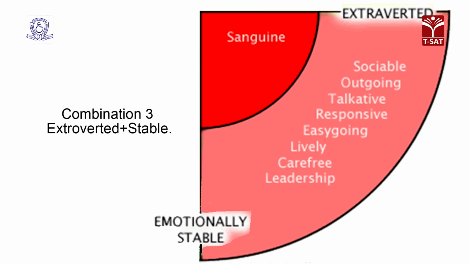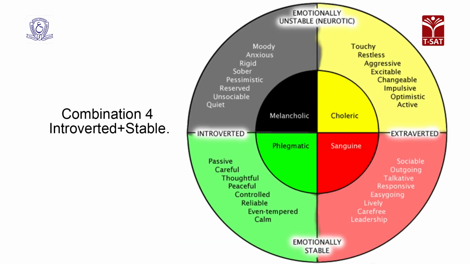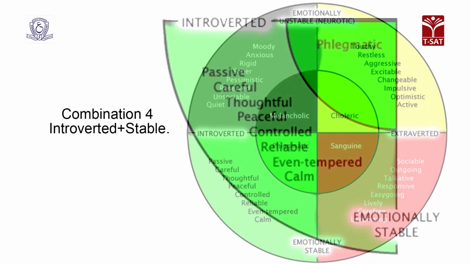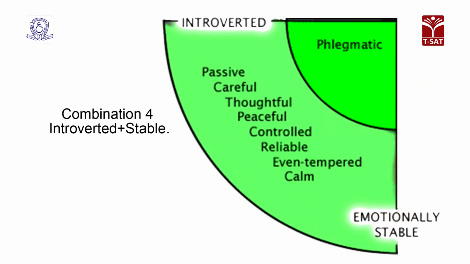The traits of this type are sociable, outgoing, talkative, responsive, easygoing, lively, careful and a leader. Then combination 4 is introverted plus stable. It is known as the phlegmatic type, which is depicted in green color. The traits of this type are passive, careful, thoughtful, peaceful, controlled, reliable, even-tempered and calm.